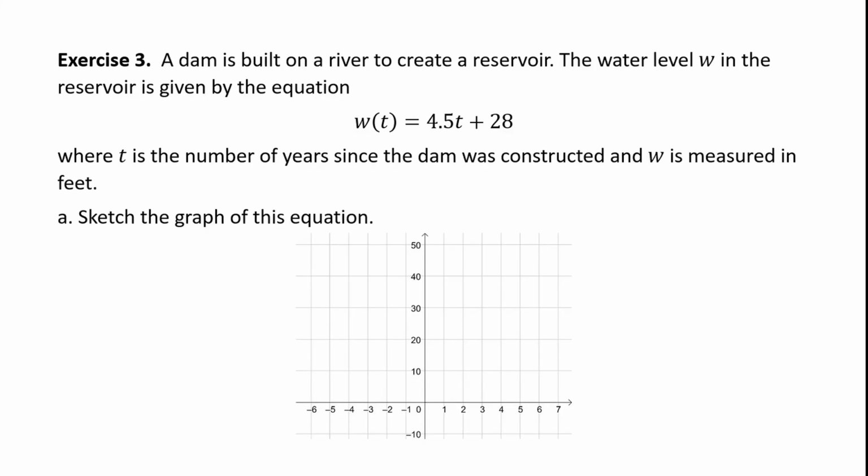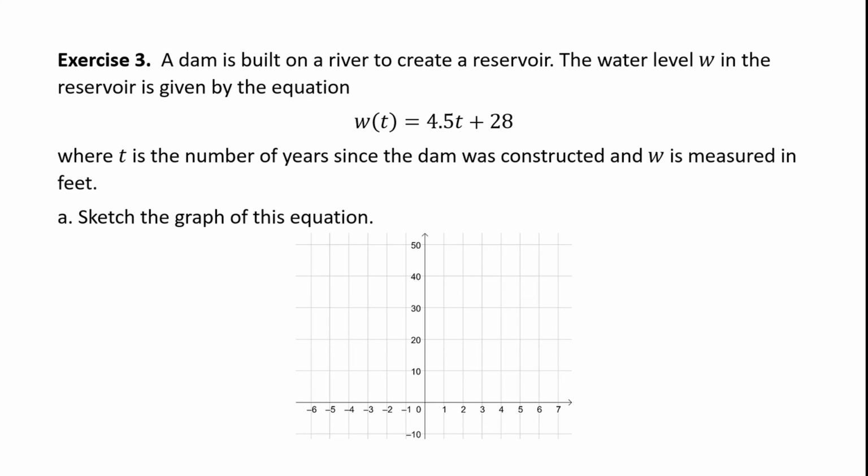A dam is built on a river to create a reservoir. The water level W in the reservoir is given by the equation W of t equals 4.5t plus 28, where t is the number of years since the dam was constructed and W is measured in feet. Part A, sketch the graph of this equation. To sketch the graph of this equation, which is a line, we need only 2 points.